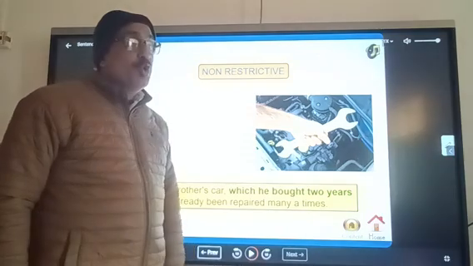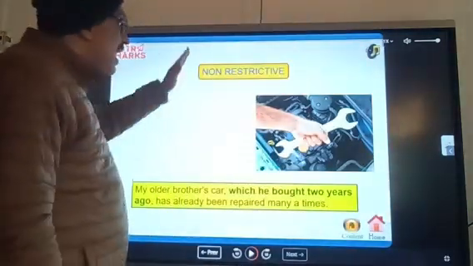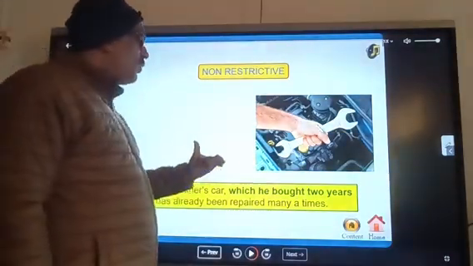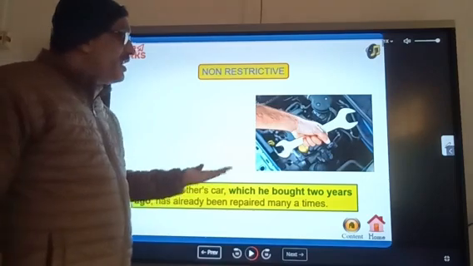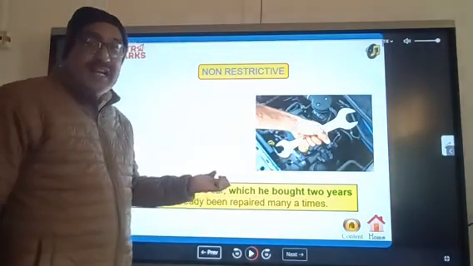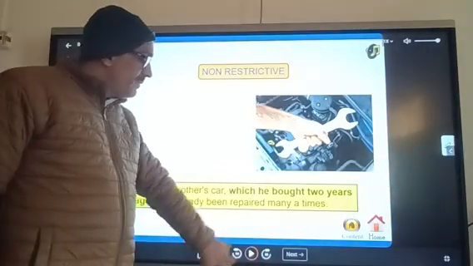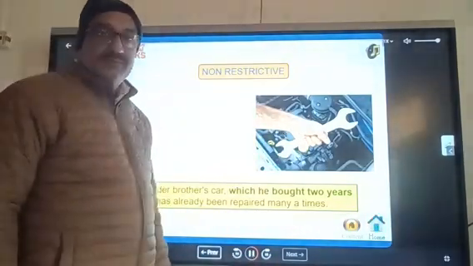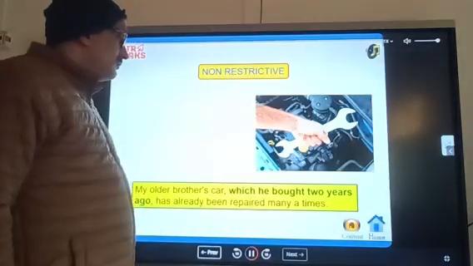Adjective clauses are of two types, restrictive and non-restrictive. The highlighted words, which he bought 2 years ago, are the non-restrictive adjective clause in the sentence.